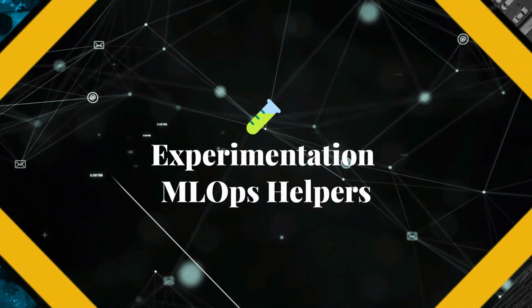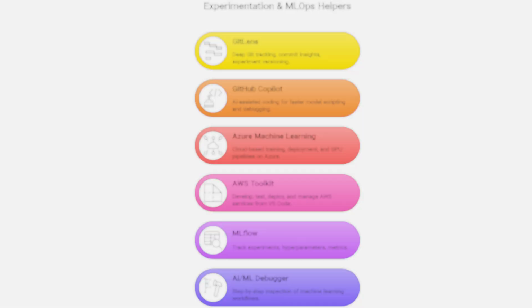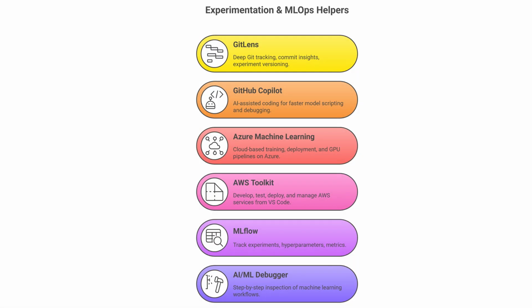Number 5, experimentation and MLOps helpers. GitLens: deep Git tracking, commit insights, experiment versioning. GitHub Copilot: AI-assisted coding for faster model scripting and debugging. Azure Machine Learning: for cloud-based training, deployment and GPU pipelines based on Azure.